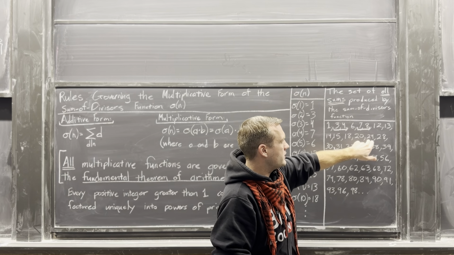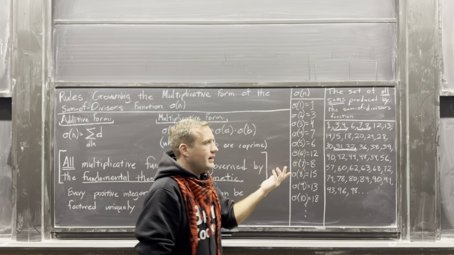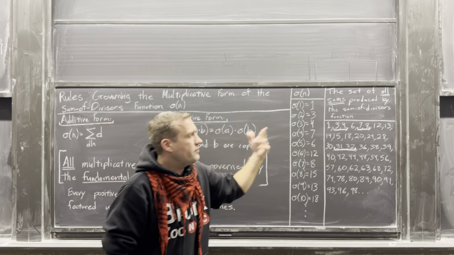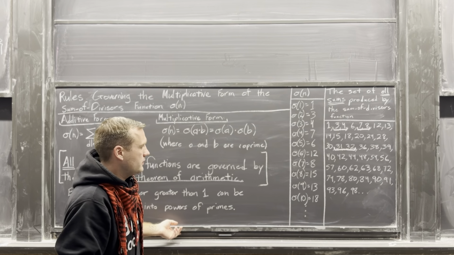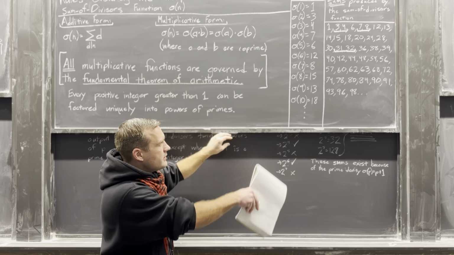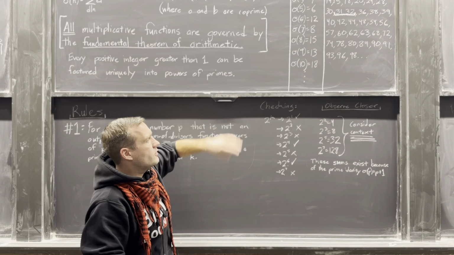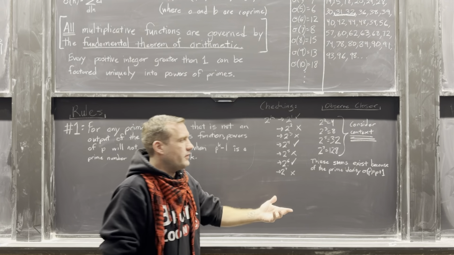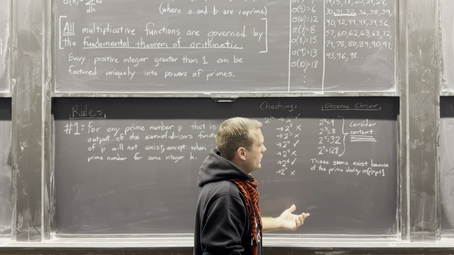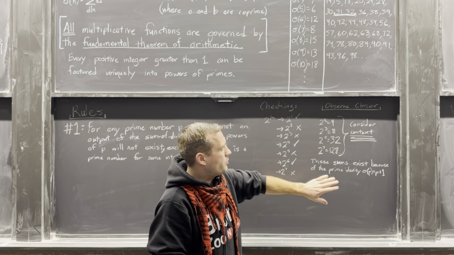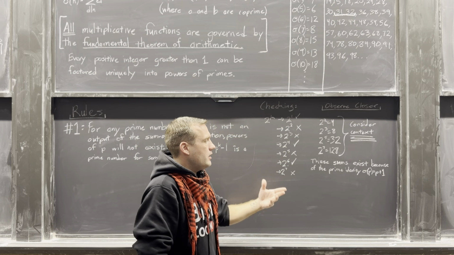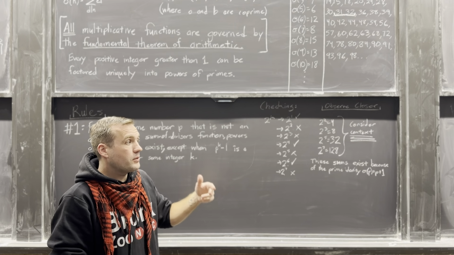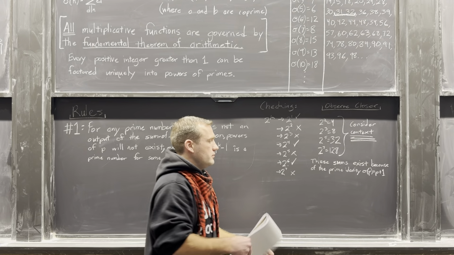Well, 24 exists, but 24 is not a prime. So 25 doesn't exist. The prime identity does not override powers of 5. In fact, the prime identity does not override powers of odd primes.